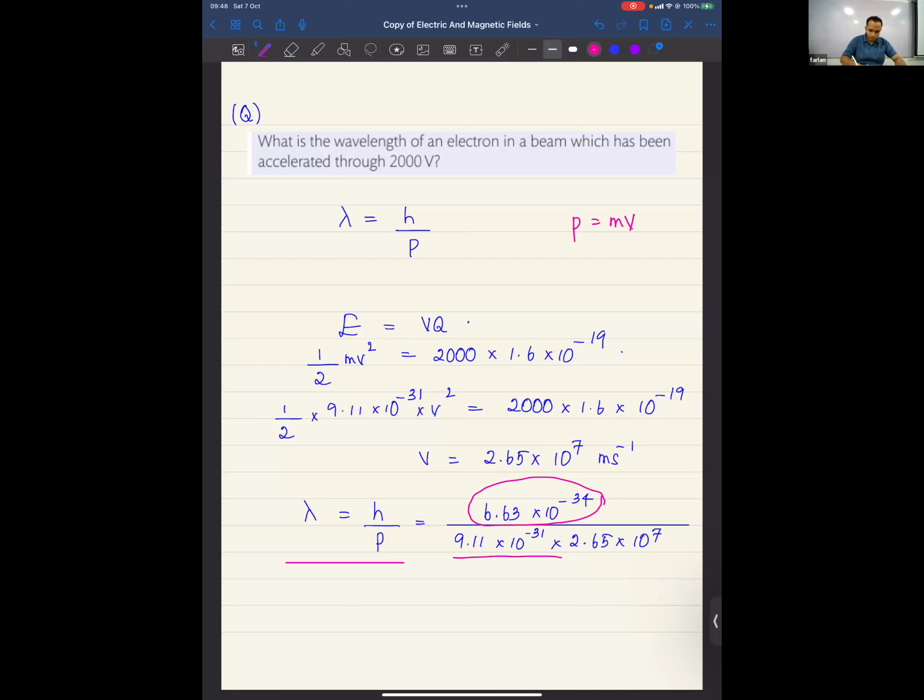Mass is 9.11 into 10 to the power minus 31, the velocity is what we just found, 2.65 into 10 to the power 7. So that will give you the wavelength of the electron. What is it going to be? 2.75 into 10 to the power minus 11 meters. Okay, correct.